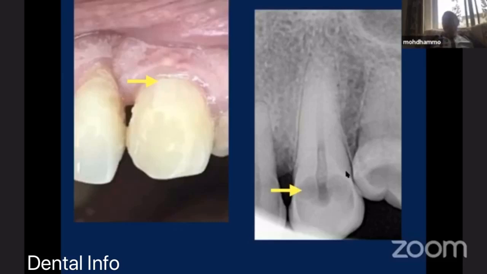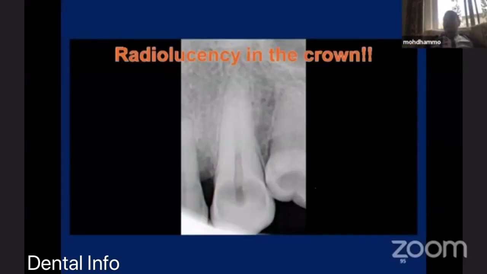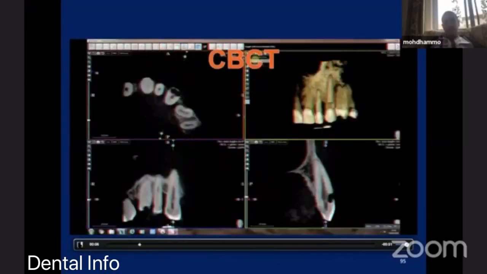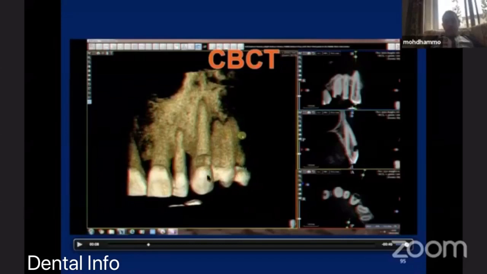And you can compare between the 2-dimension X-ray and let's see the CBCT, small field of view for this canine. You can notice here, this is the cervical resorption, which we could not appreciate how much is the extension of this resorption depending on the periapical X-ray. Let's continue this video.